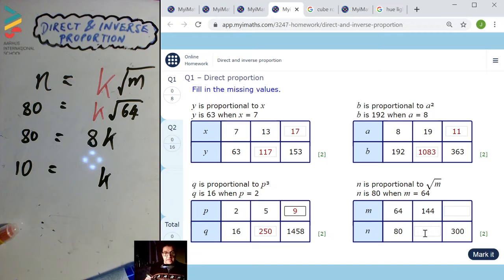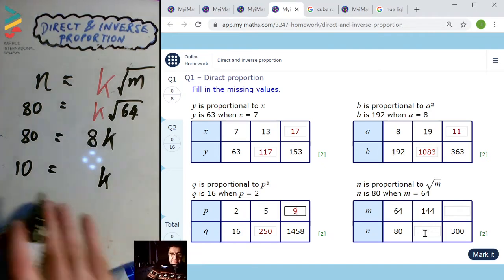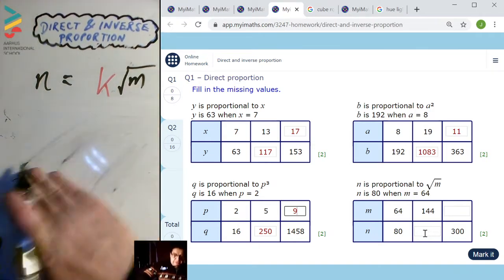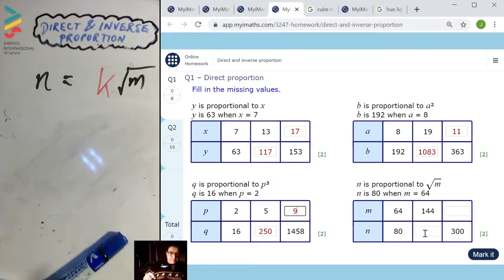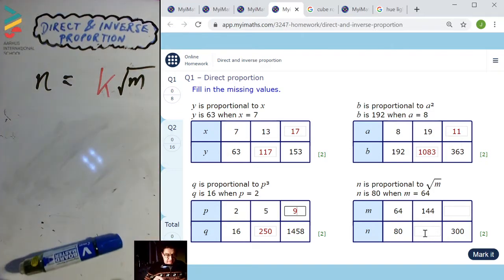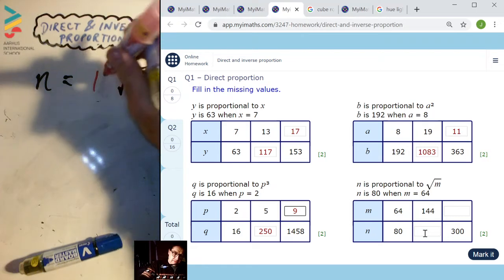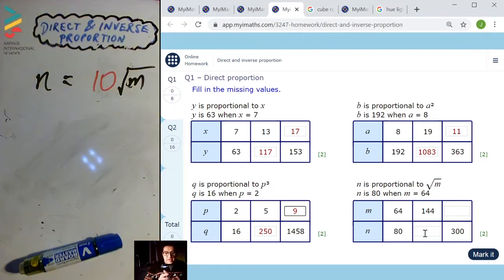So 10 is equal to k. And now that we figured out that k is 10, we can go back to the original relationship that we wrote down between n and m and replace that k with a 10. N equals 10 times the square root of m.